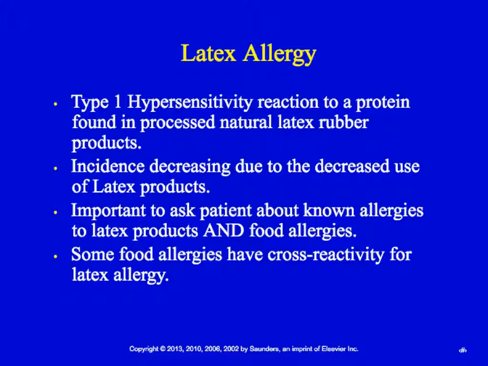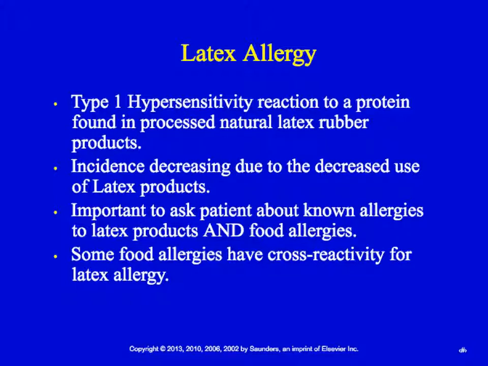So they're pretty common foods. If somebody tells you that they have a food allergy to any of these, and I think there's more on the list, but it's a lot of common fruits and vegetables, it could mean they have a latex allergy as well.